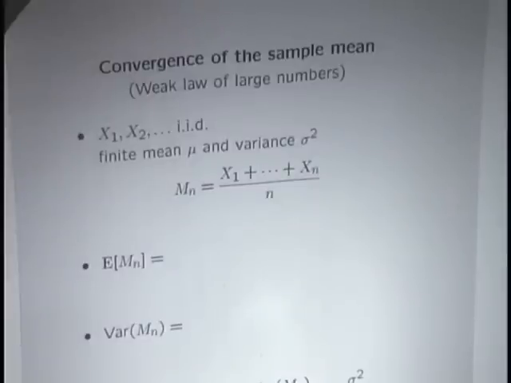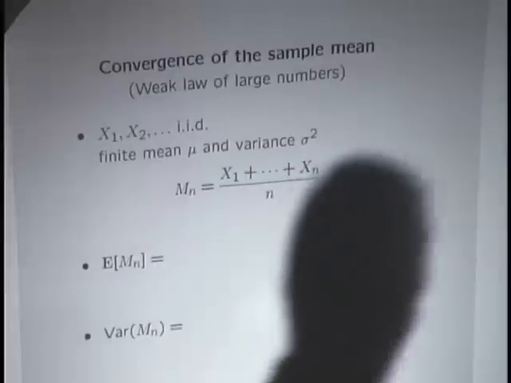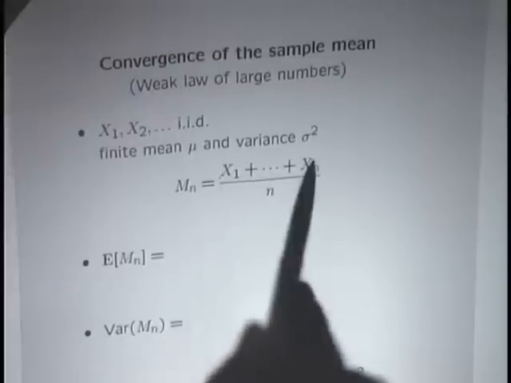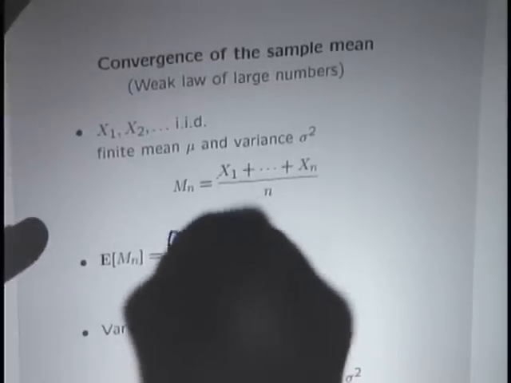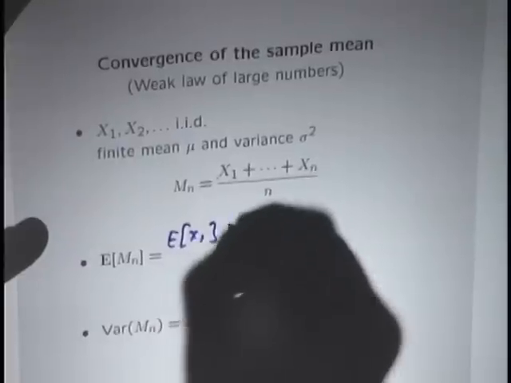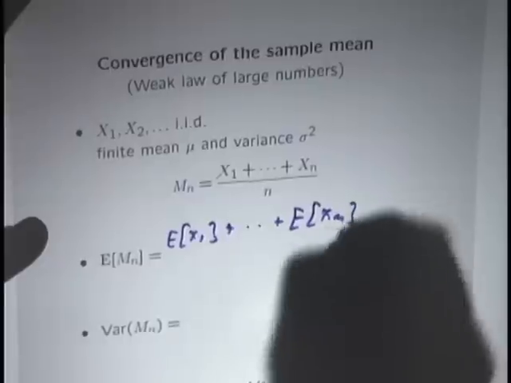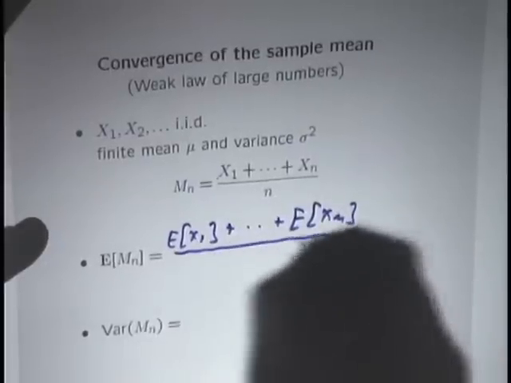Let's just look at expected values, variances, and the probabilities that the sample mean is far away from the true mean. So what is the expected value of this random variable? The expected value of a sum of random variables is the sum of the expected values. And then we have this factor of n in the denominator.